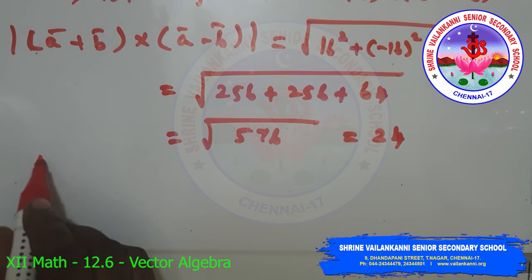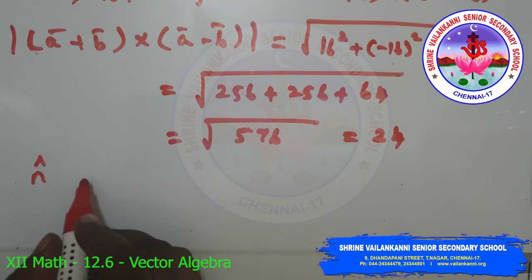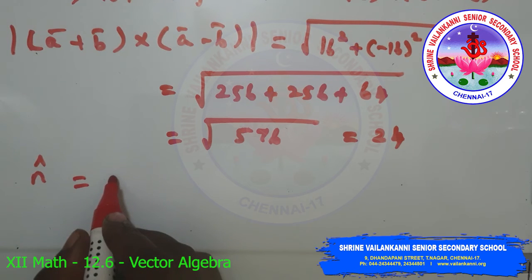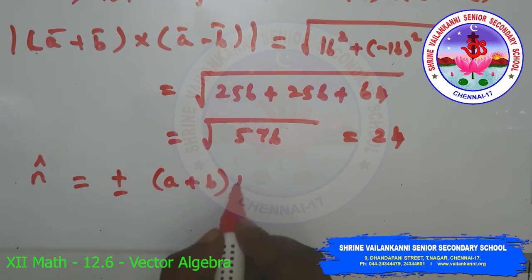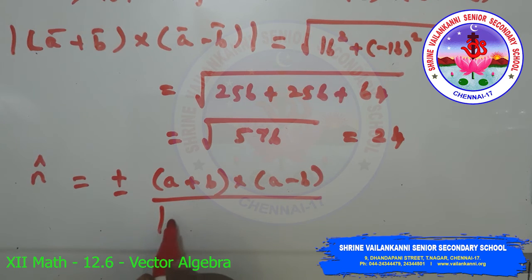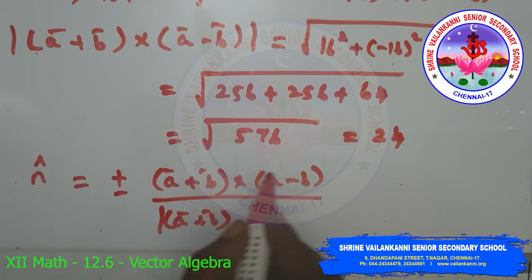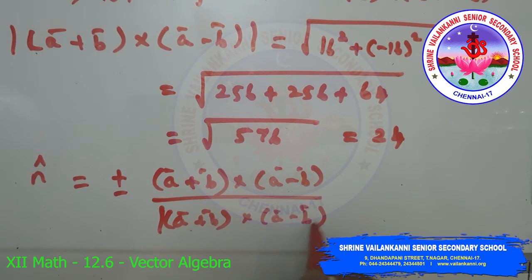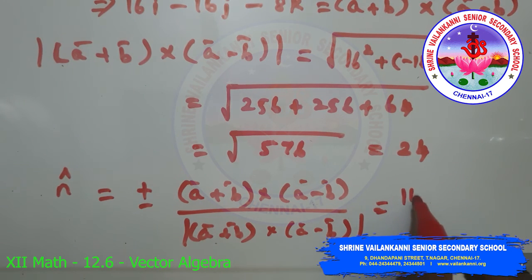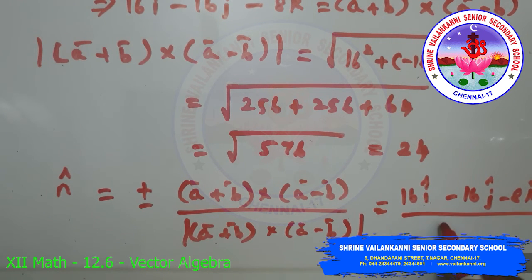Now we have to find unit vector perpendicular to both A plus B and A minus B, which is equal to plus or minus A plus B cross A minus B whole by magnitude of A plus B cross A minus B, which is equal to 16i minus 16j minus 8k whole by 24, which is equal to plus or minus 16 by 24, which is 2 by 3 i minus 2 by 3 j minus 1 by 3 k.